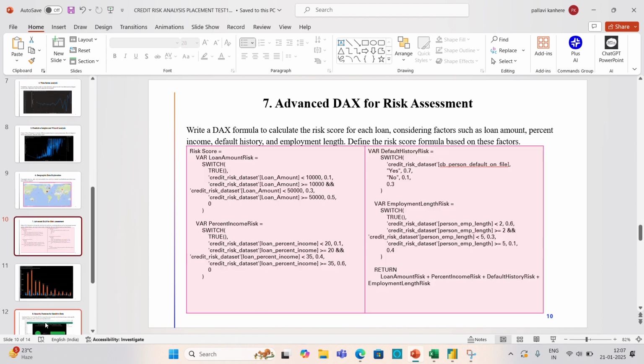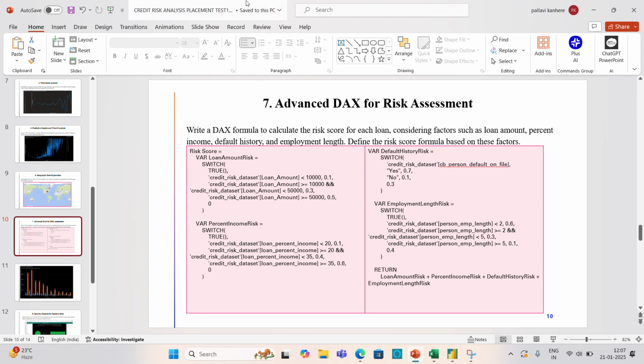The seventh is the advanced DAX for risk assessment. Write a DAX formula to calculate the risk score for each loan, considering factors such as loan amount, percent income, default history, and employee length. Define the risk formula based on the factors. So this is the formula for the risk score.